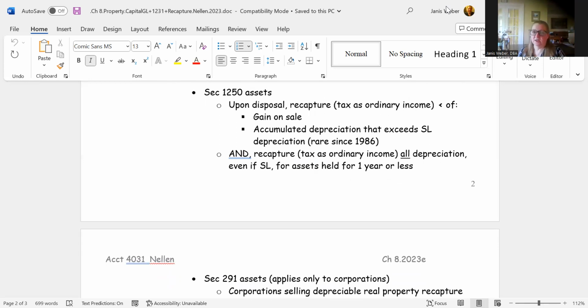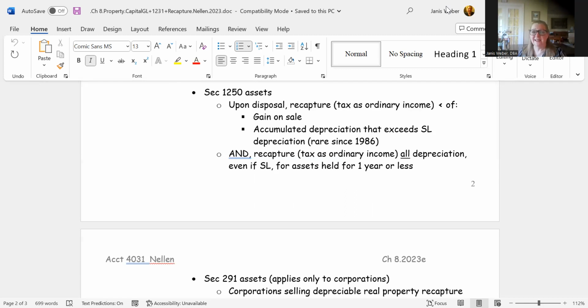So the real estate. Only the excess over straight line is caught in this first part of the 1250 recapture. And that means that in the current environment, none would be recaptured under 1250 because we're calculating the depreciation and deducting it for tax using the straight line method. Under the tables that we use, it's straight line for the real estate.